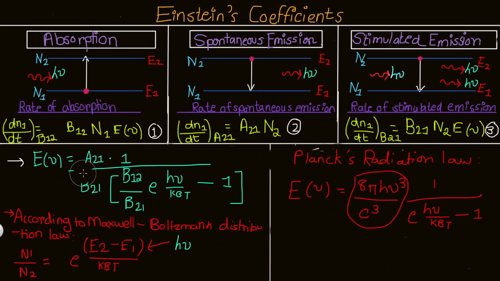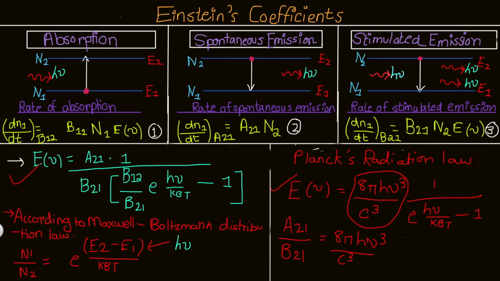So now I can see that A21 divided by B21 is basically this, if we compare these two equations, this one and this one. So I can write A21 divided by B21 equals 8 pi Planck's constant nu to the power of 3 over c to the power of 3.